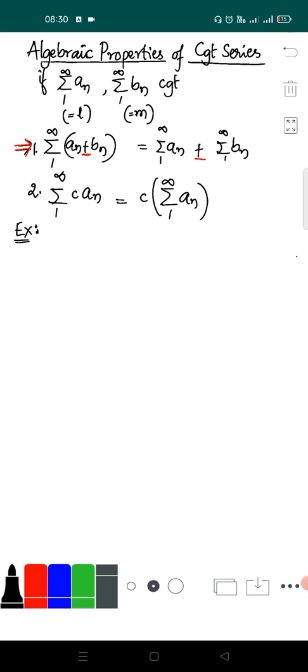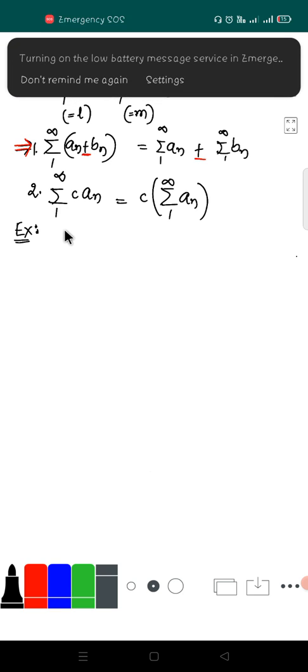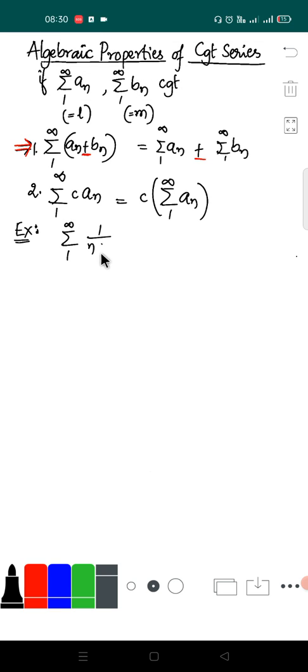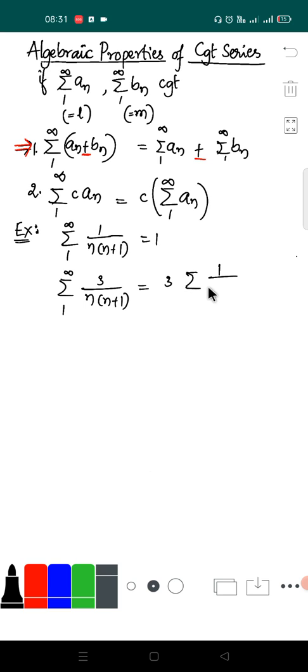For example, we know that the series of 1 by n into n plus 1 converges to 1. So the summation from 1 to infinity of 3 by n into n plus 1 converges to 3 times the summation, by this law, the second one.